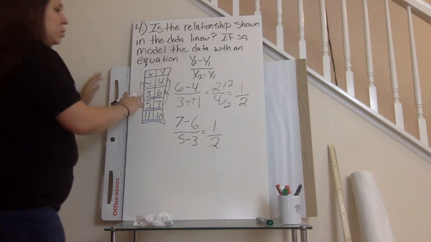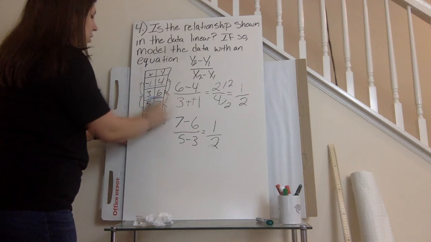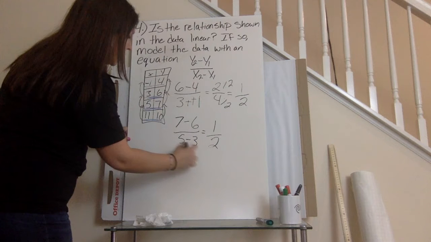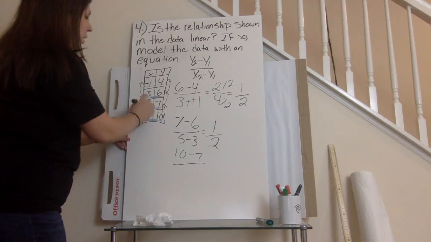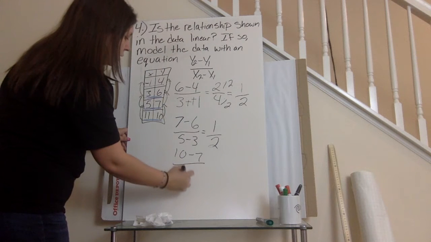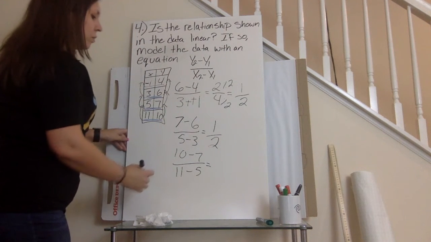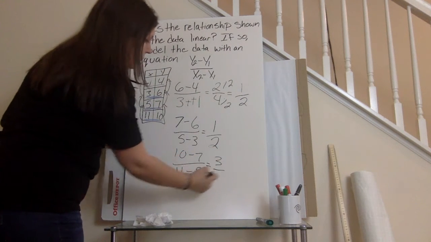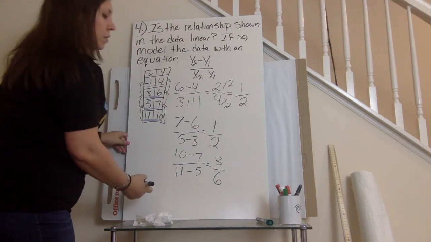And I want to do it one more time just to make sure 100% that it is true. So we're going to do 10 minus 7 over 11 minus 5. 10 minus 7 gives me a 3, and 11 minus 5 gives me a 6.